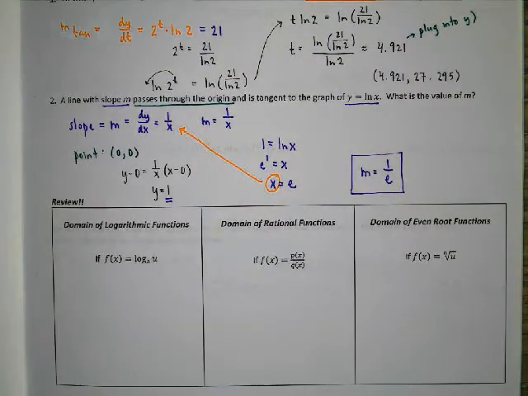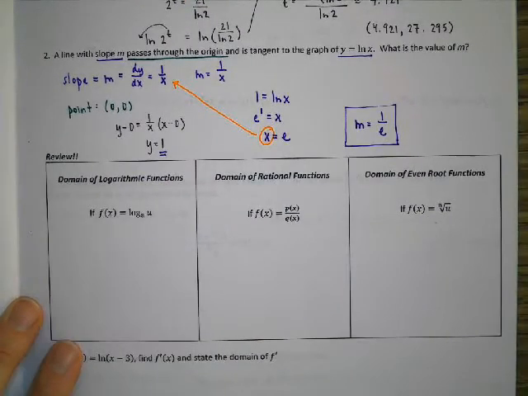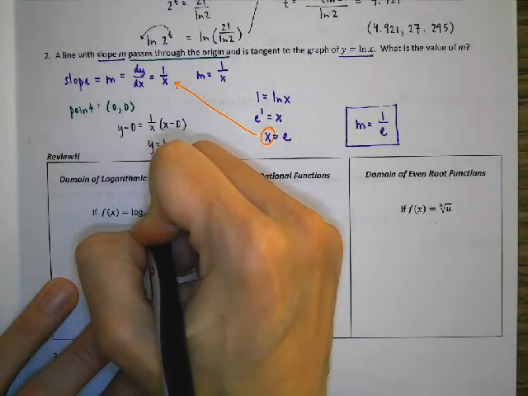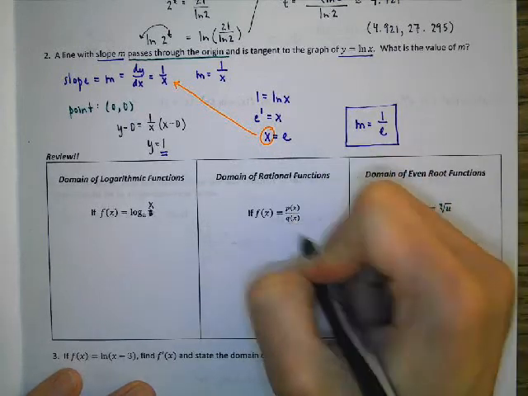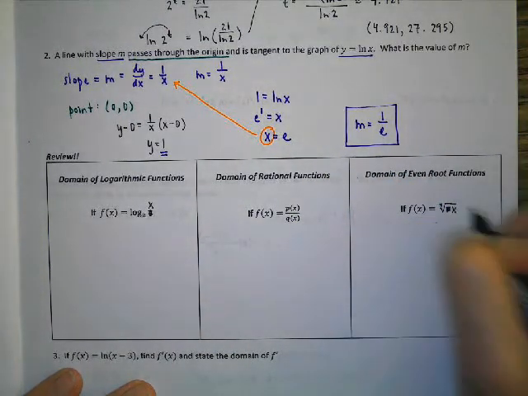Okay, so for the last piece of this, we're just going to talk a little bit about basic domain of certain types of functions. Again, the notation is a little off here, so we're going to change all these u's to x's. That one's okay. Here we've got a u.